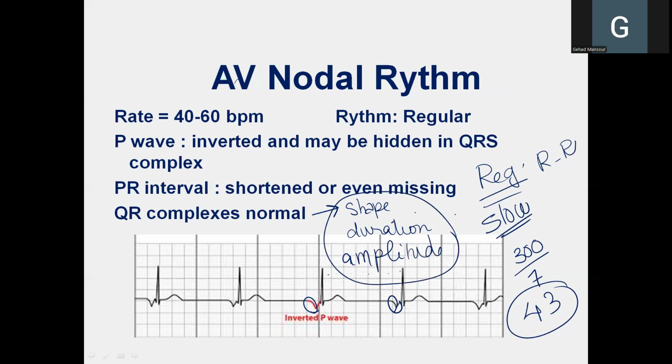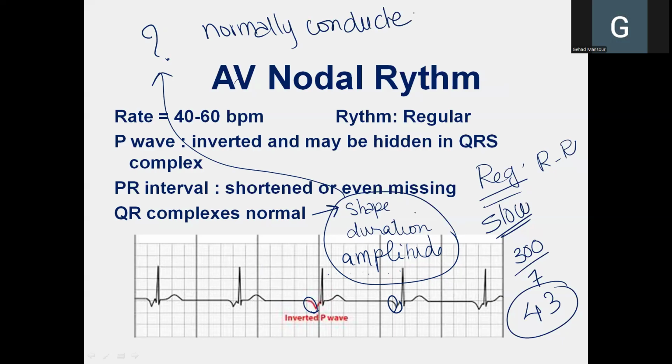So you don't just say normal and that's it. Normal in shape, normal in duration, normal in amplitude. And as we've said several times, why are they normal? Because they were normally conducted along the AV node.